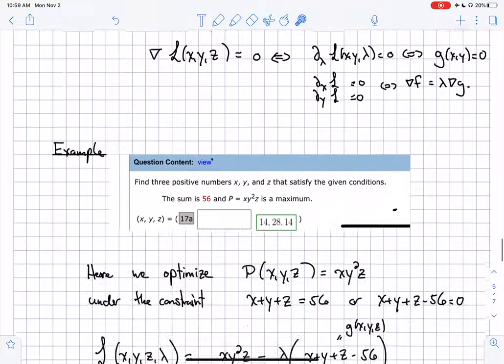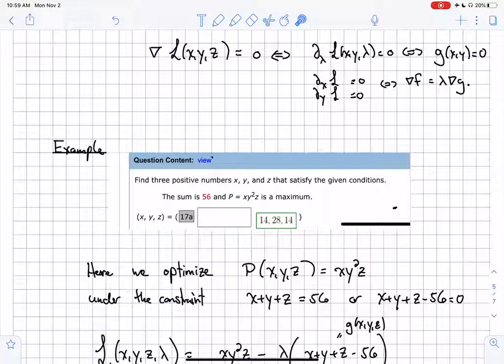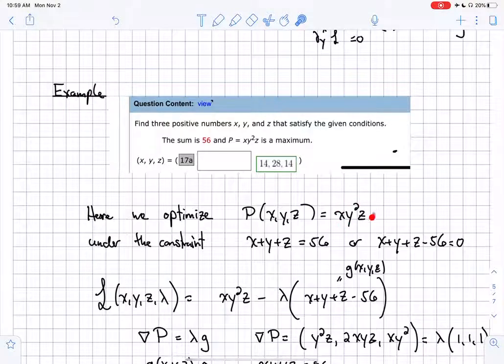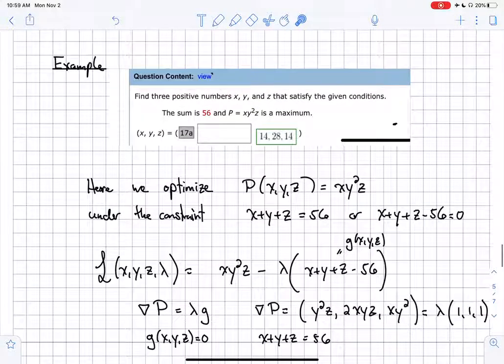Okay, let's go back to this example and solve it using the Lagrangian way. Okay, so we have this function. That's a function of x, y, and z, and I'm going to add a lambda to that. Okay, so either I write the Lagrangian, that is the function minus lambda to the constraint. Okay, the constraint takes this form.